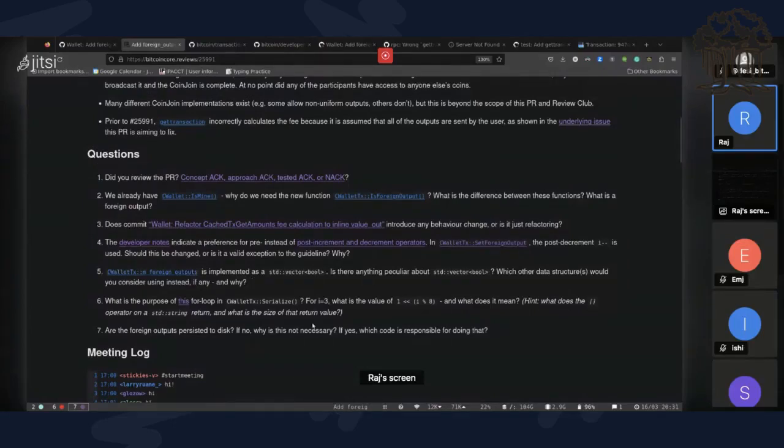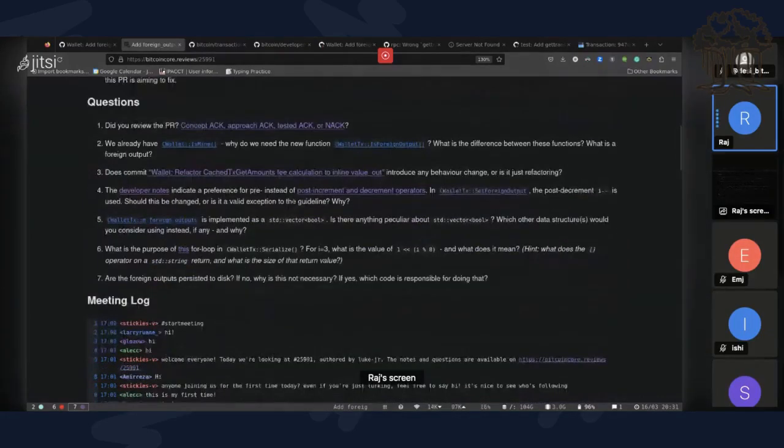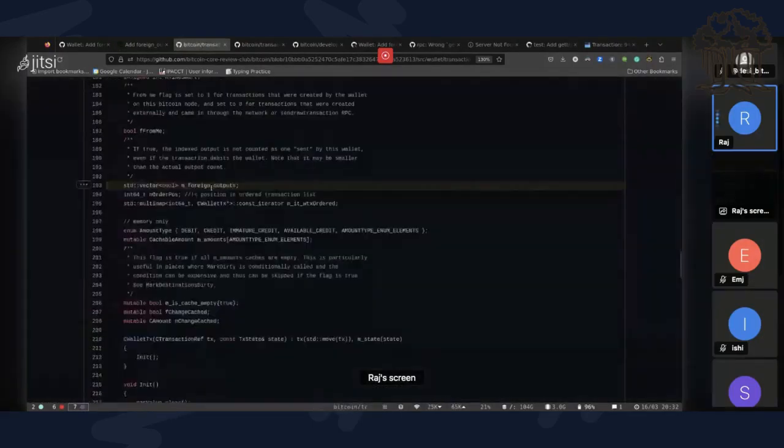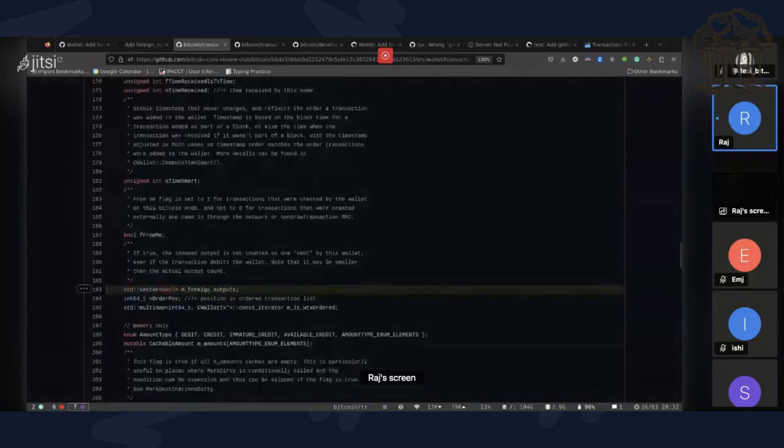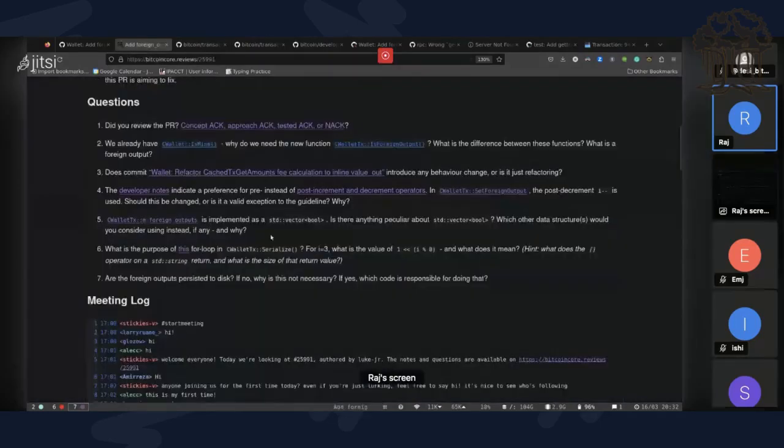This is another C++ question: is m_foreign_outputs the vector of bool that we just saw? If we go to the definition again, this is the m_foreign_output_types that is part of this wallet transaction, which is a vector of bool. And there are some C++ nuances about vectors of bools, and whether that makes sense or some other kind of data structure would make more sense. Again, an open question.